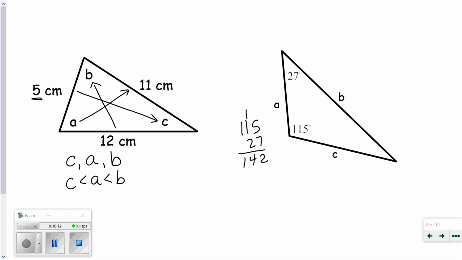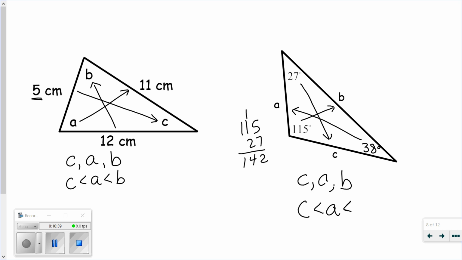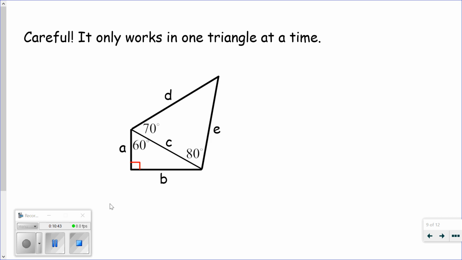So that remaining angle is going to be 180 minus 142, which is 38 degrees. So least to greatest, what's the order of my sides? Well, opposite the smallest angle is C, which would be the least. The next then would be this one, so I would have A. And then finally, my last one is going to be B. So C is less than A, which is less than B, would be the order of my sides. Right?